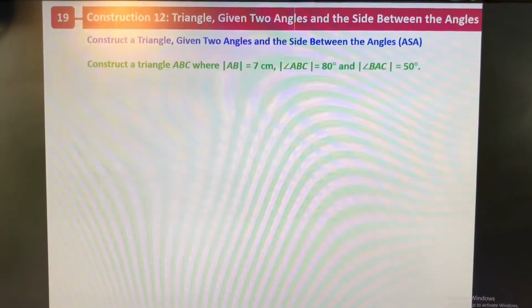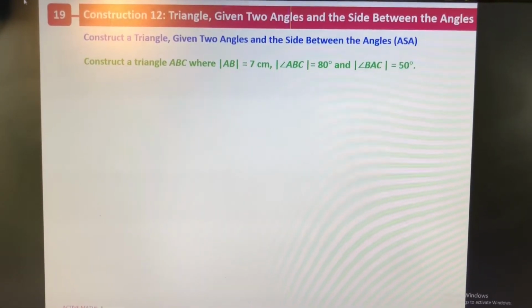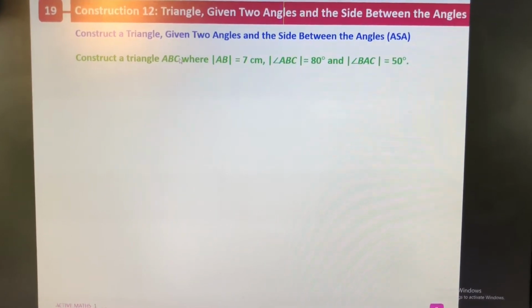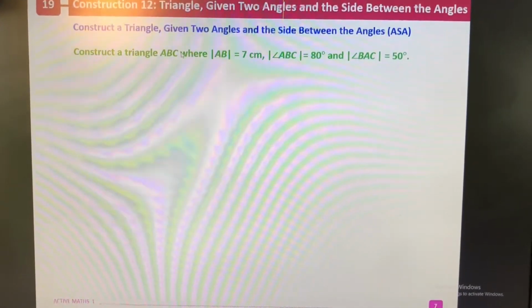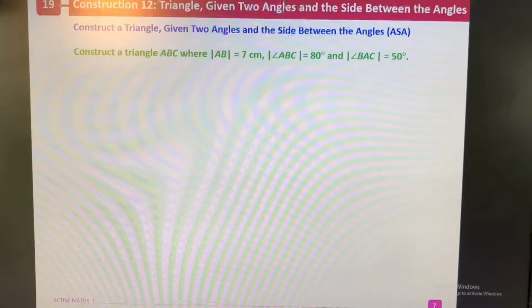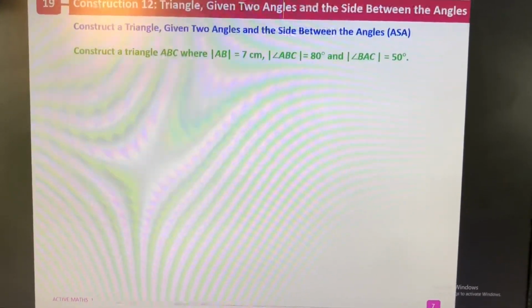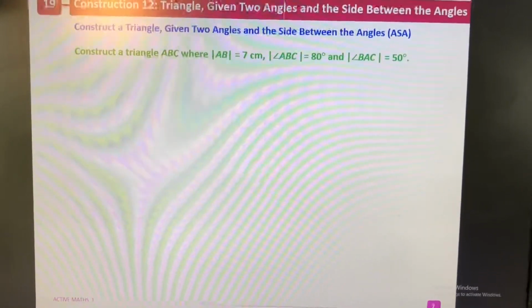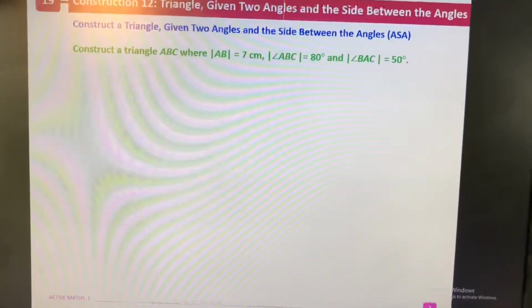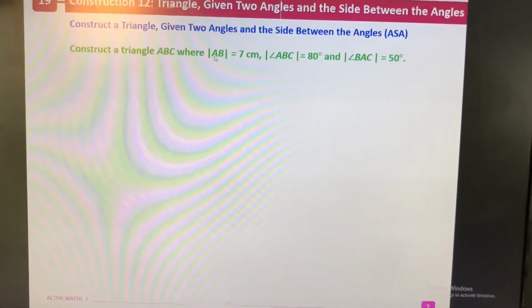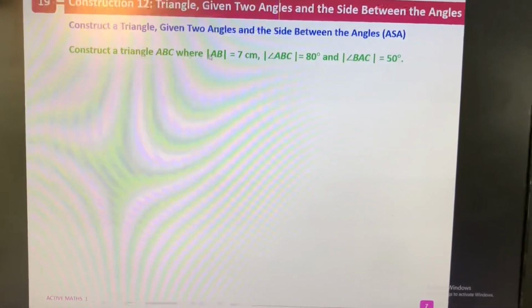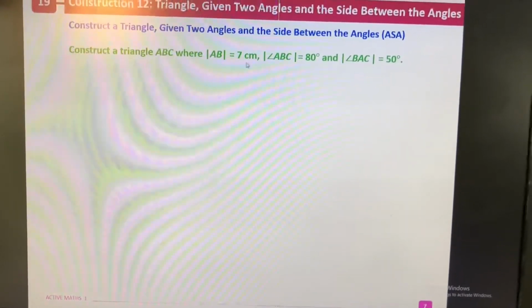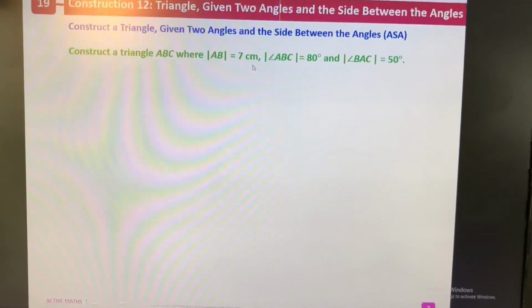For this triangle, let's have a look at constructing the triangle ABC. So our three vertices, our 3 points that connect the corners of our triangle are A, B, and C. The one side length that we've been given is the measurement between point A and B, and that's 7 centimeters.